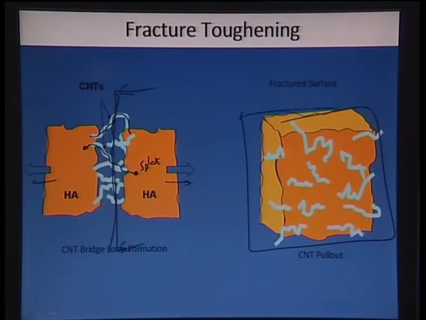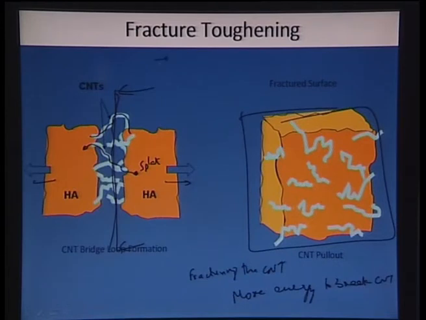We see that there are some CNTs which are pulled out. CNT pull out means that we are fracturing the CNT, and since CNTs have such high strength, now more energy is required to break them. Therefore, the material absorbs much more energy to break the CNT.